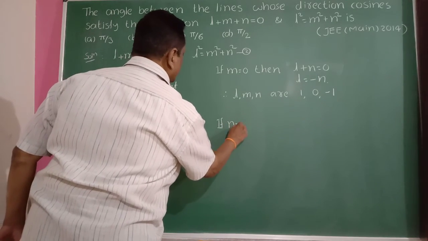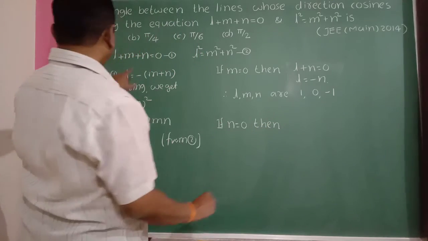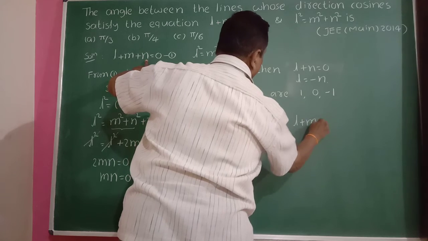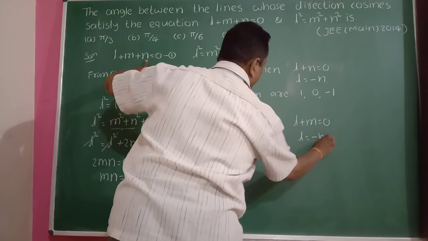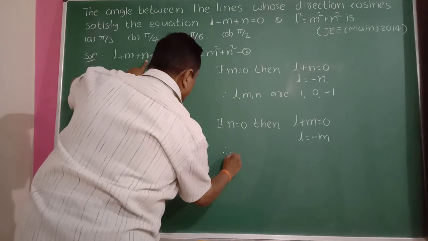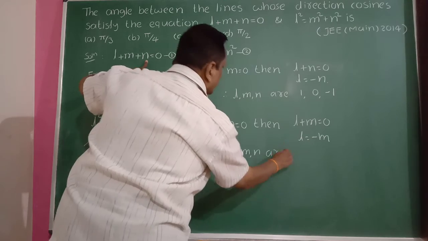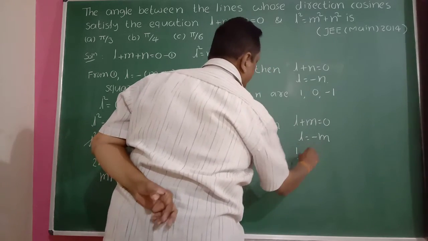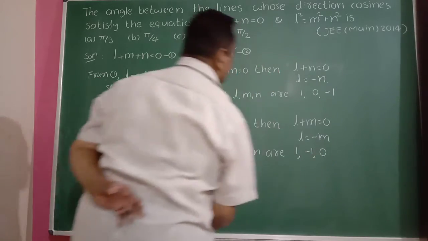If N is equal to 0, then L plus M is equal to 0, hence L is equal to what here? Minus of M. Therefore L, M and N are, if L is 1 here, then M is minus 1 and N is already 0.